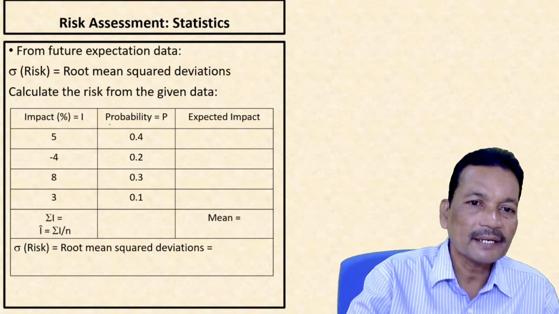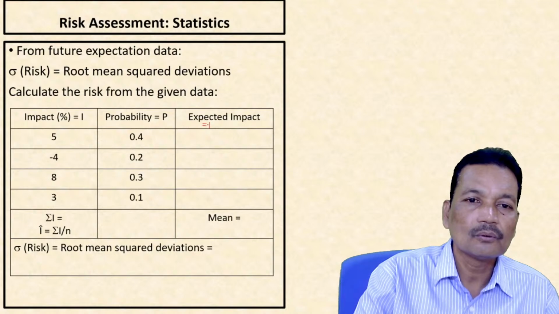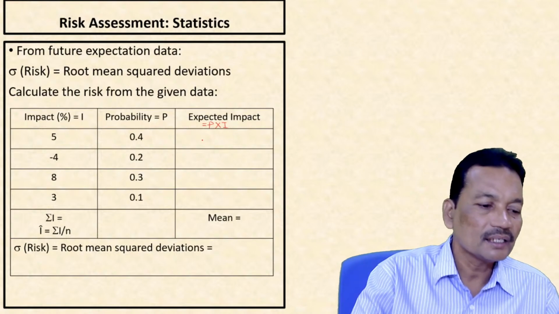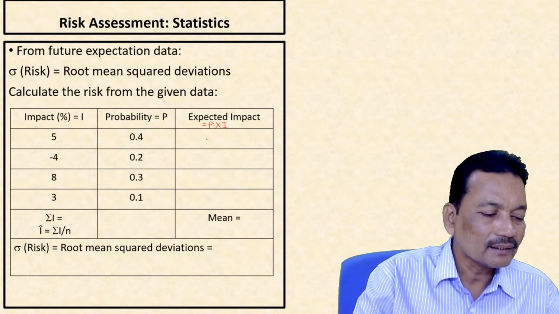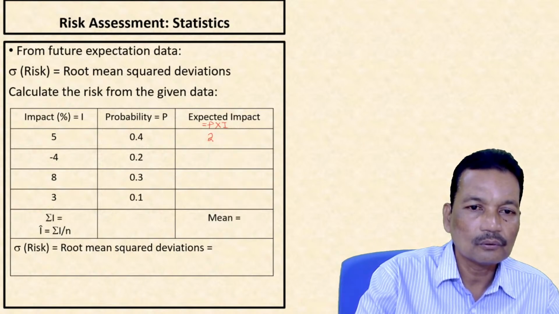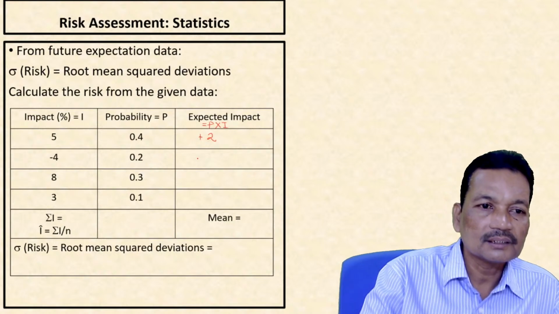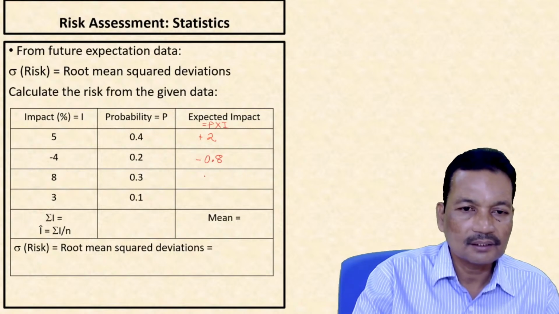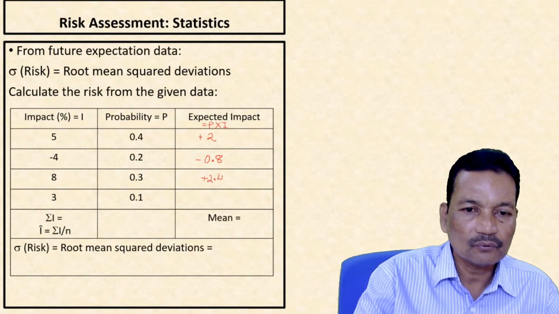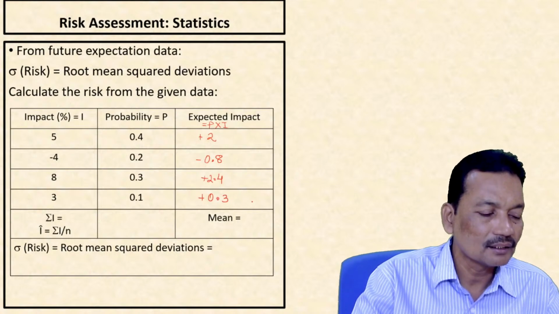When I am calculating the expected impact, it is equal to probability times I. So I go on calculating: that is 2 plus 2, this is minus 0.8, this is plus 2.4, this is plus 0.3.